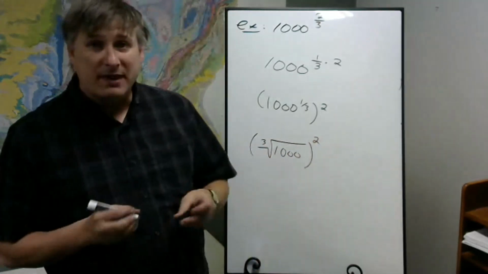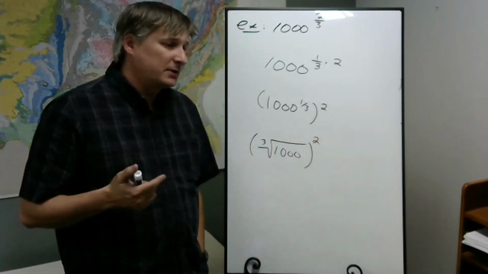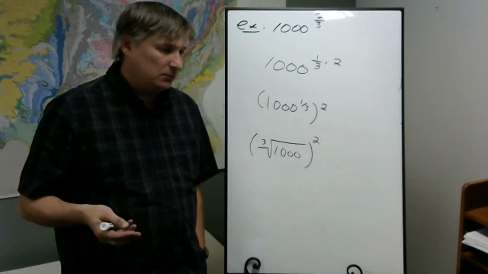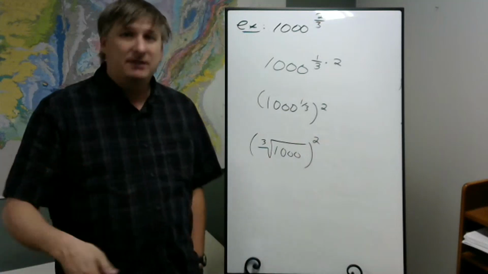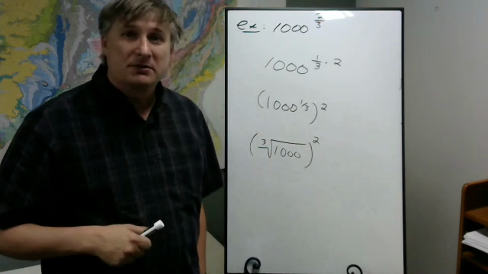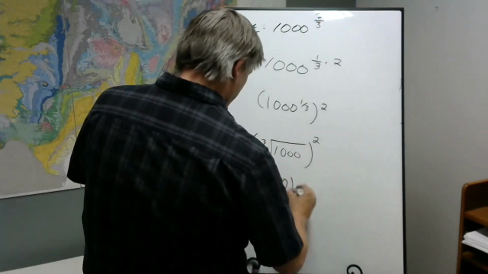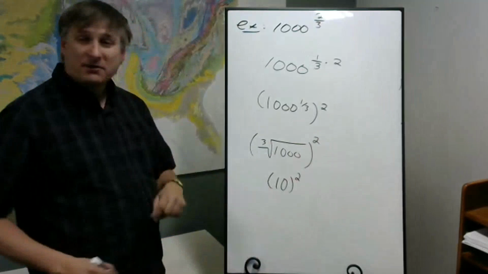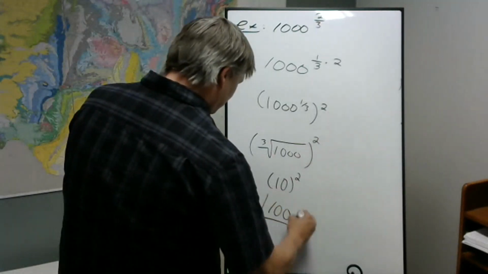Now, what's the cube root of 1,000? Well, what number, if you have 3 copies of it in total, if you multiply those copies together, gives you 1,000? Well, 10 times 10 times 10. So that cube root is 10. And then we square the 10 and we get 100.